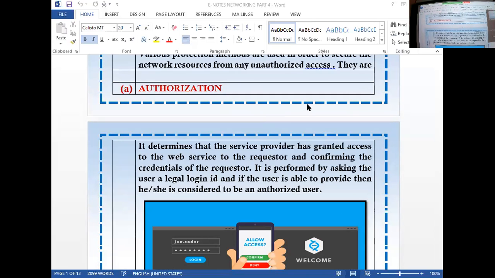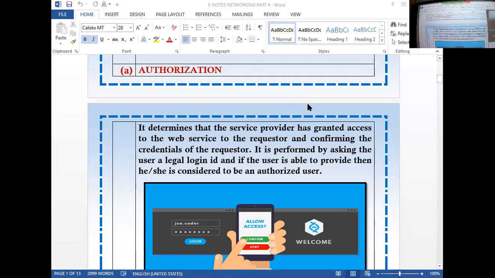Now, what is authorization? Authorization means that suppose a requester, a client, is requesting some data or some page from the server. The service provider will give permission to access only when he or she confirms the credentials of the requester.